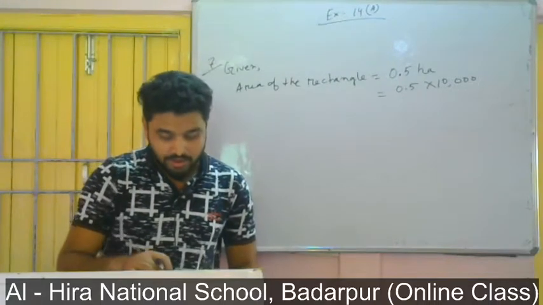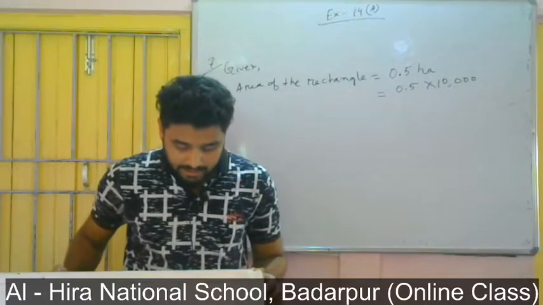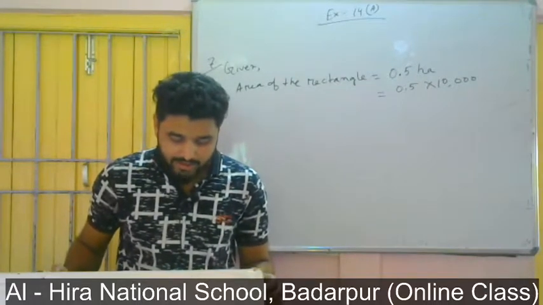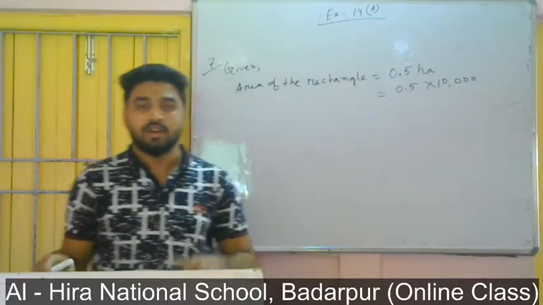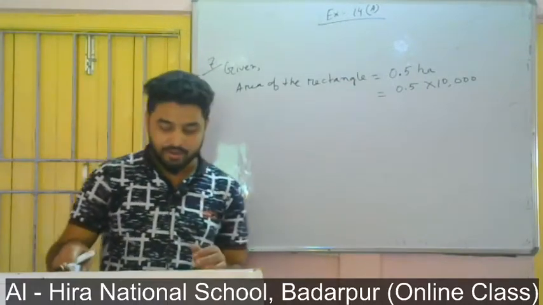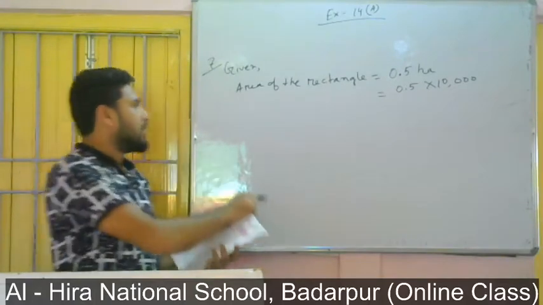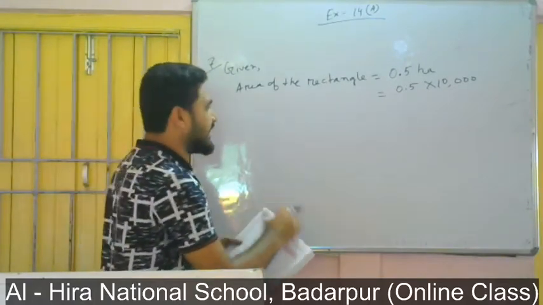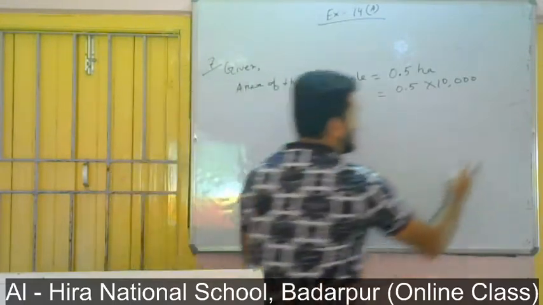The relations are given: 1 hectare, 1 ha equals 100 meter into 100 meter equals 10,000 meter square. From that relation you can find all the units from there.